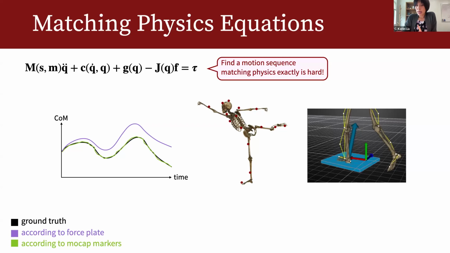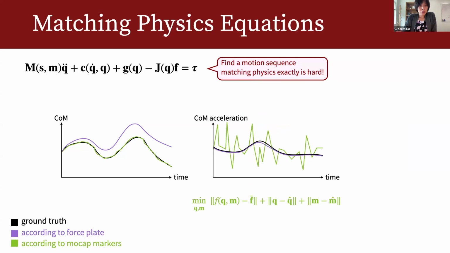However, if we look at the acceleration domain, the purple curve appears much more accurate than the green one, because any little noise in the position domain will result in a large spike in the acceleration domain. And this makes the optimization very unstable.